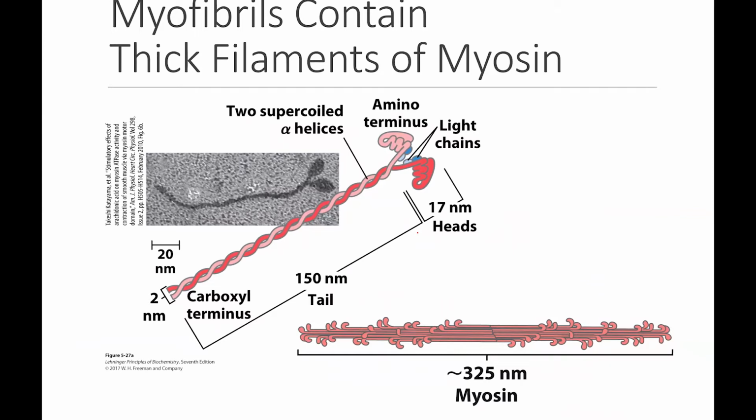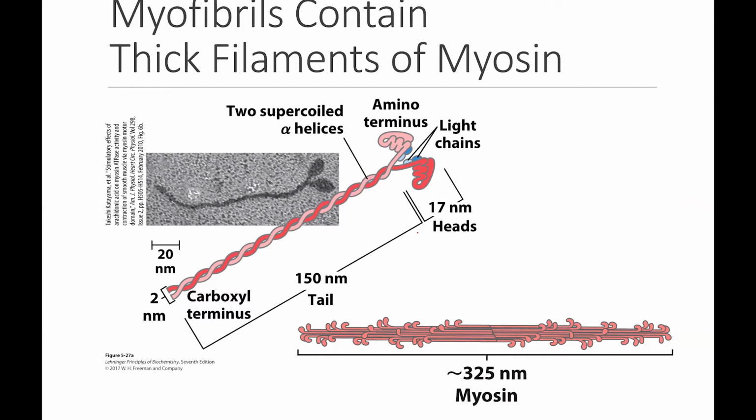The main proteins that make up these bundles, one of them is called myofibrils, which make up what we call the thick filaments of the muscle. This protein is called myosin, which makes up these myofibrils. Myosin makes up fibers to make myofibrils.